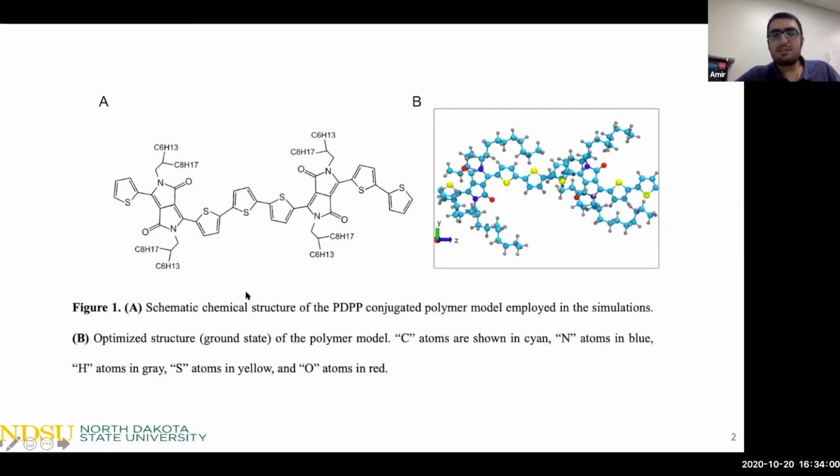Okay, so the first figure is the schematic chemical structure of this polymer model, and the right panel, subfigure B, is the optimized ground state of this structure. This current polymer model actually is a dimer that makes the periodic model.